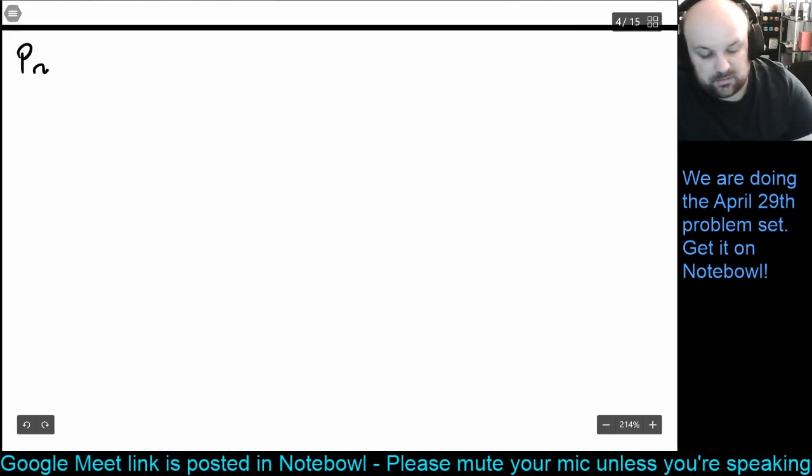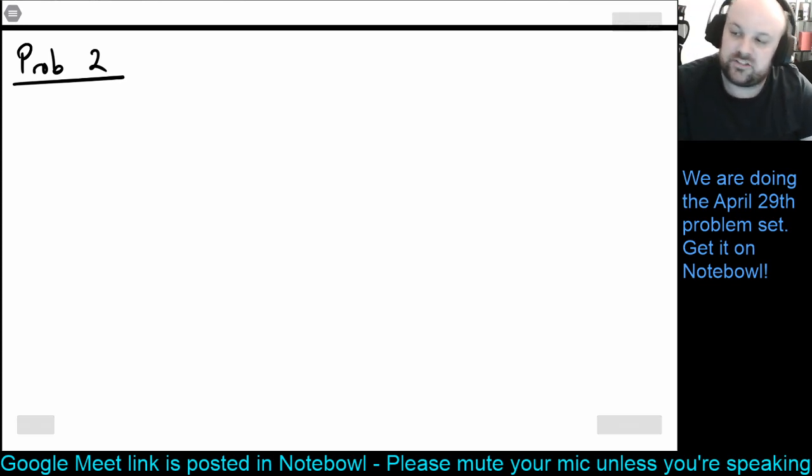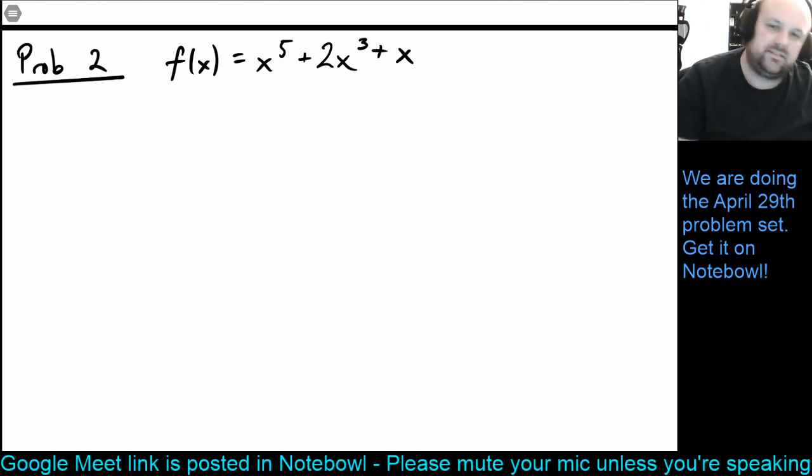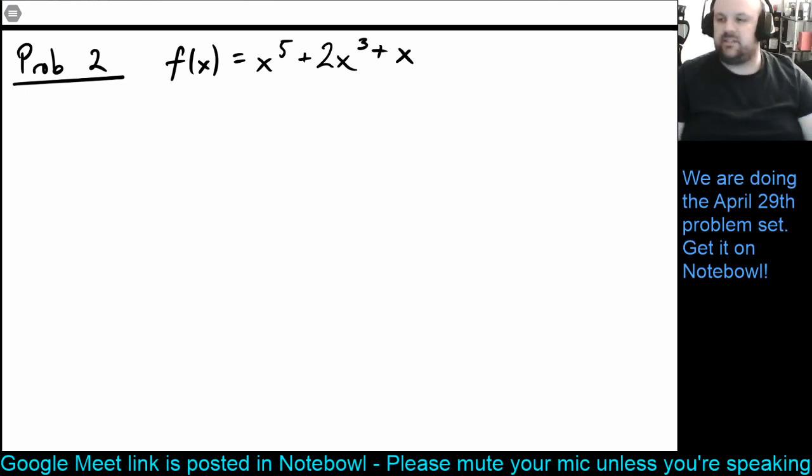Let's just go on to problem 2 then. Problem 2 actually asks for a Maclaurin series of this polynomial. Any guesses as to what the Maclaurin series of a polynomial is?